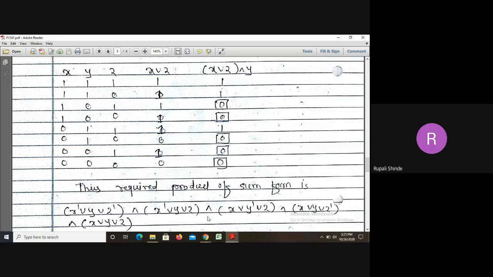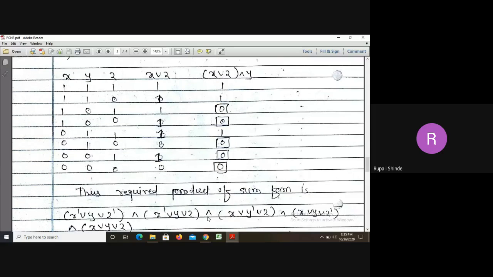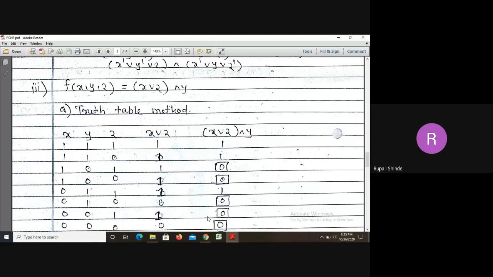Okay. So here we have seen this example last lecture, just by using a truth table. What is this given function? F of xyz is equal to (x or z) and y. We have to solve this one using the truth table method.